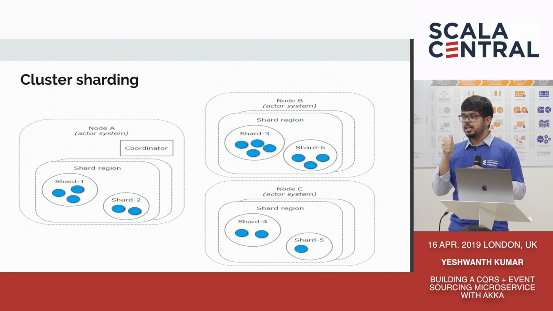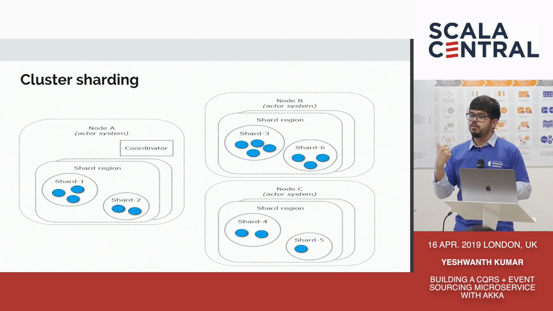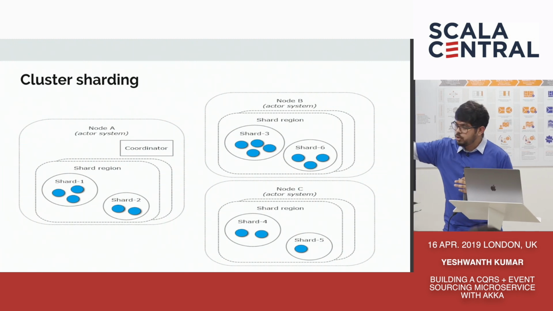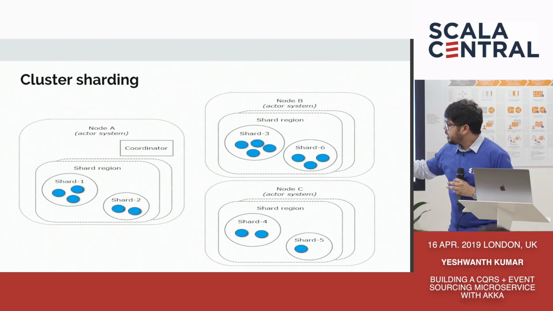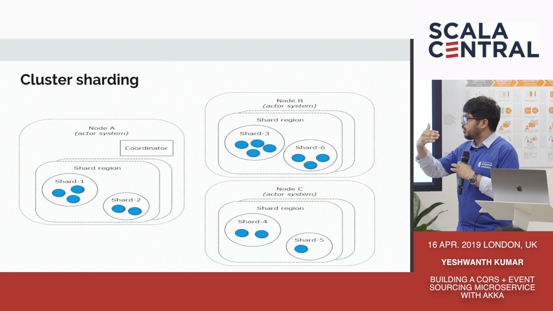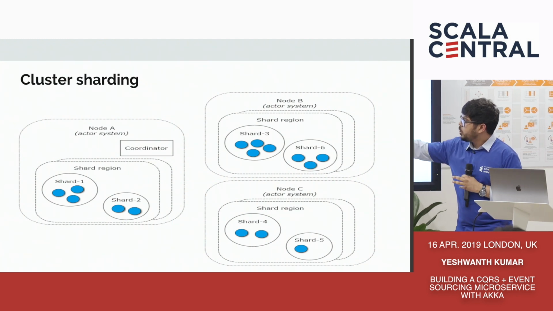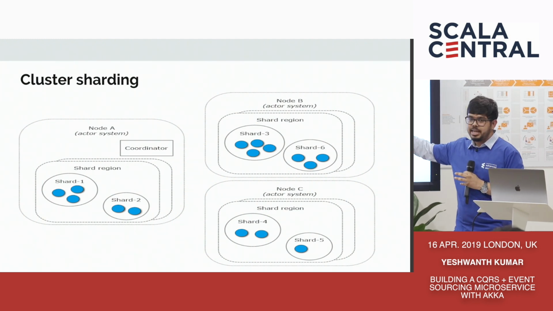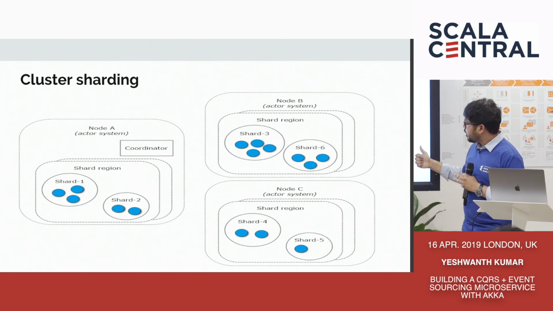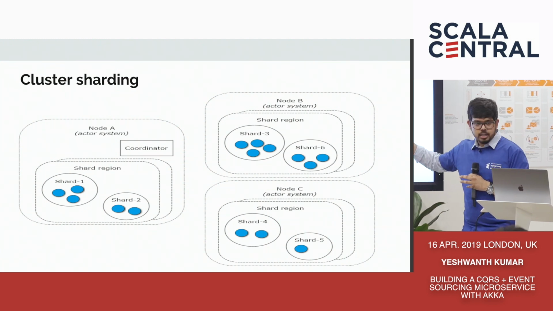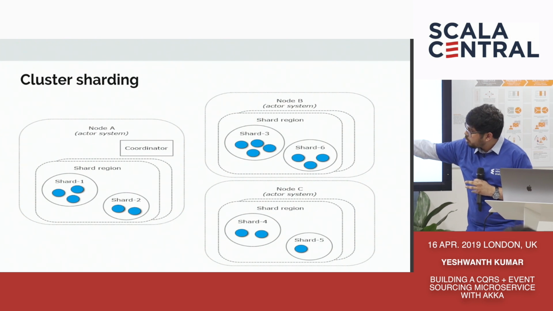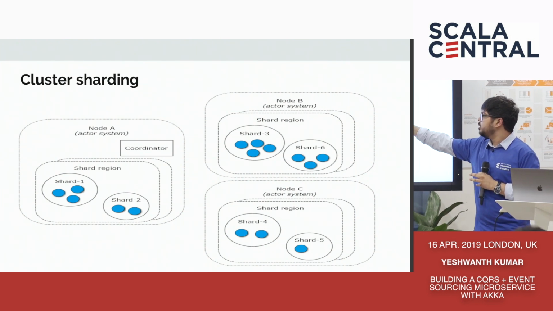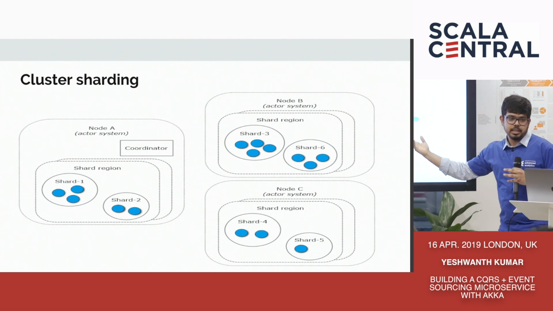Akka would automatically either create a new entity for you, or forward that message all the way to that actor. You don't have to keep notes of where your specific actor or entity is residing. You send a message to one of the shard region coordinators, and it redirects it automatically. Let's say our entity is in shard 3, it will forward it to that.